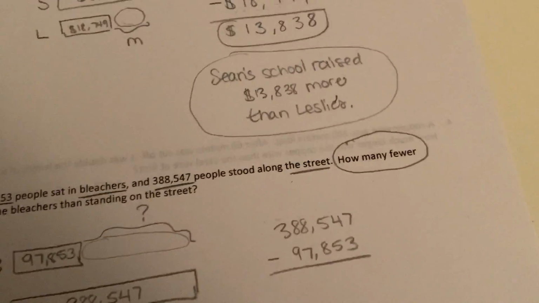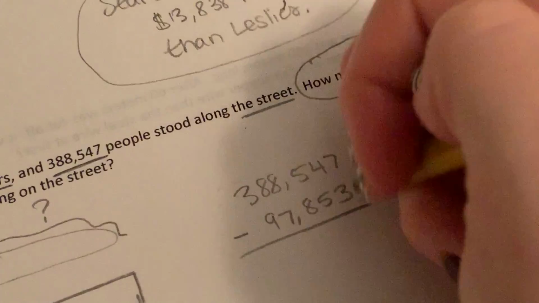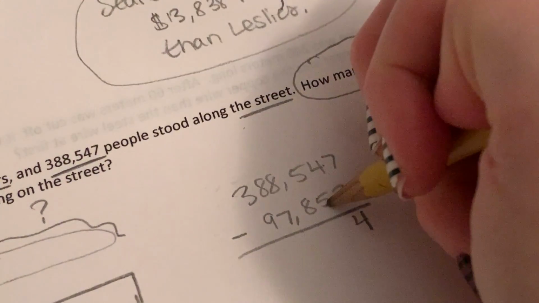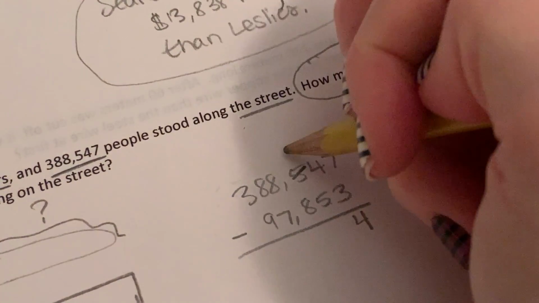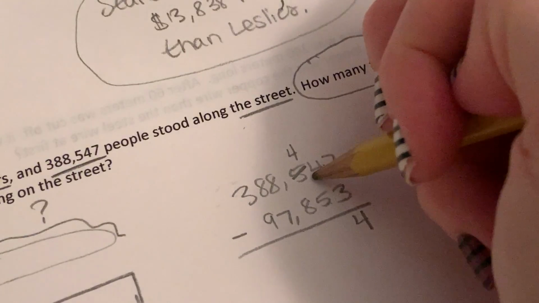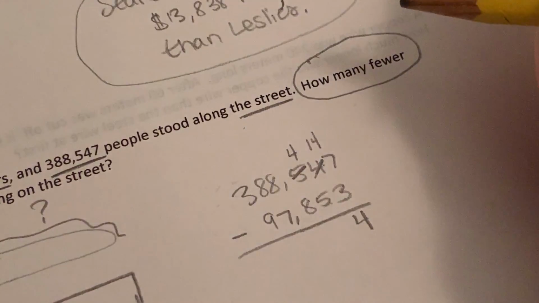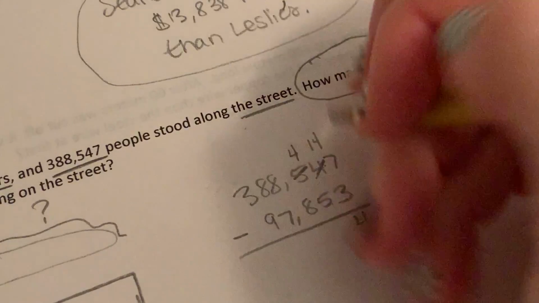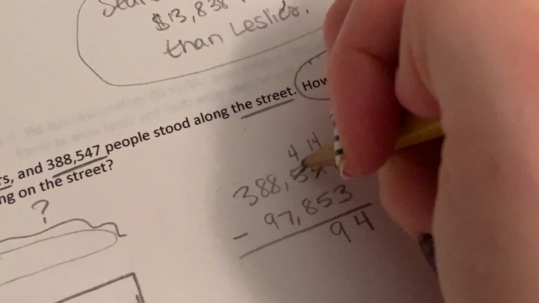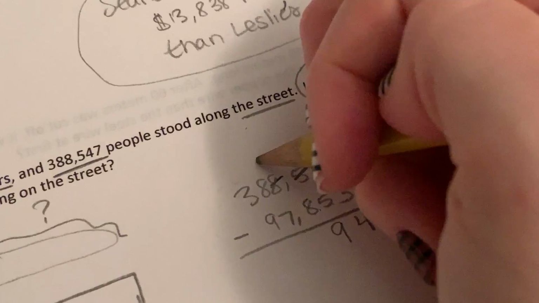Okay, so I'm going to subtract that. 7 take away 3 gives me 4. 4 take away 5, not going to happen. So I'm going to come over here and unbundle. This gives me a 4. This is 14. 14 take away 5 gives me 9. 4 take away 8, not going to happen.